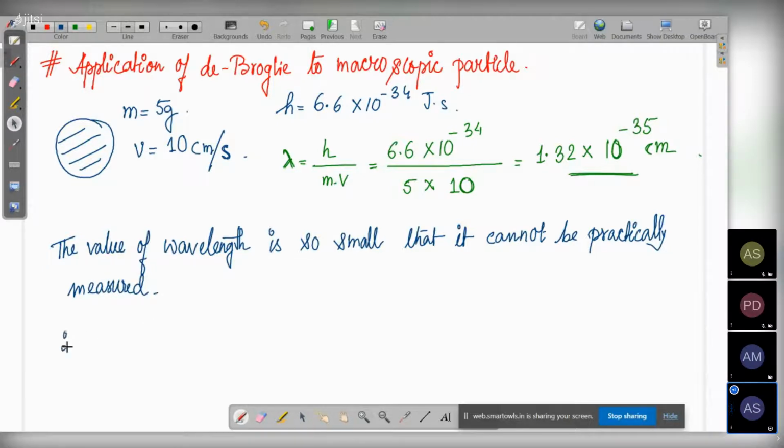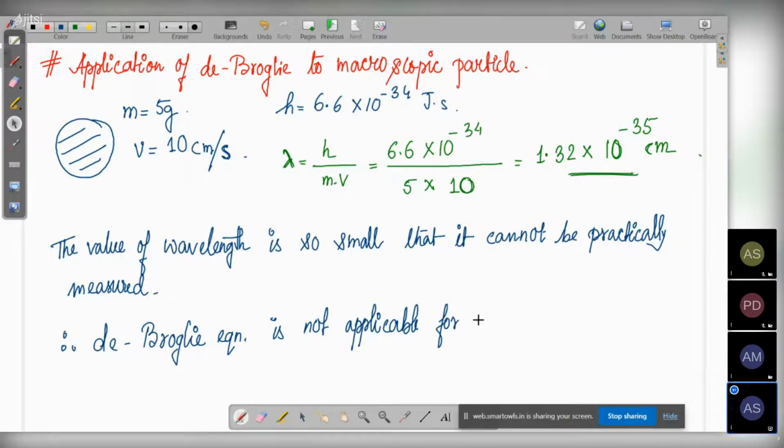Thus we can say that the de Broglie equation cannot be applied to our macroscopic, daily life, big objects. It is not applicable for the macroscopic part.